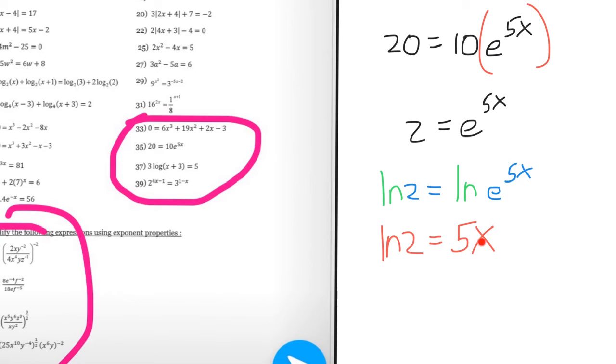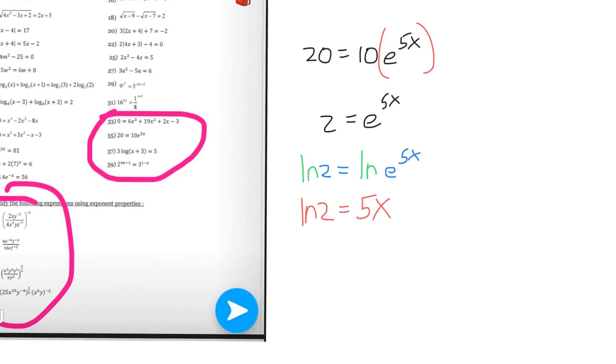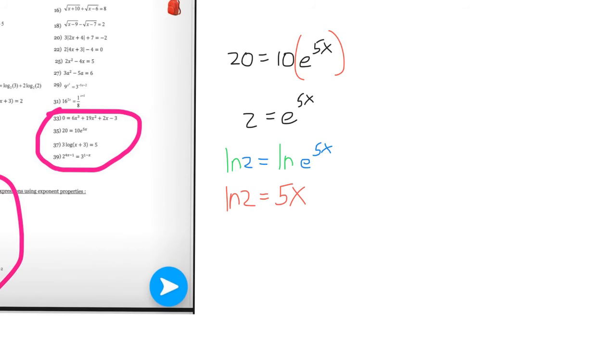Now, should I explain that? Yeah, I'll explain why. There's a few reasons why. Number one, ln of, let's say, well, we'll just go with ln of e. Let's start there. That's secretly the log of e, right? The log with a base e, right?